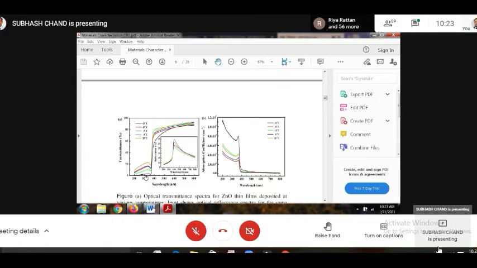Strongly absorbed means transmission is not happening. When it is absorbed, it is not transmitted to reach the detector, so that signal is poor. So transmission is less in the lower wavelength. Transmission is very high above this.